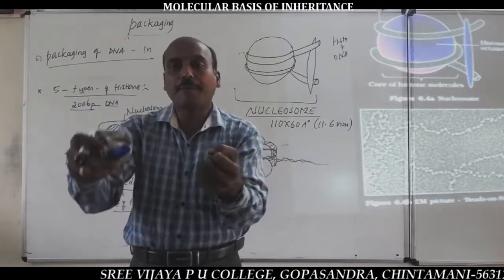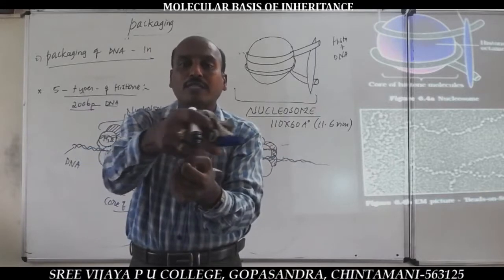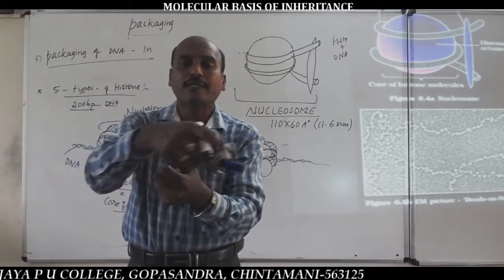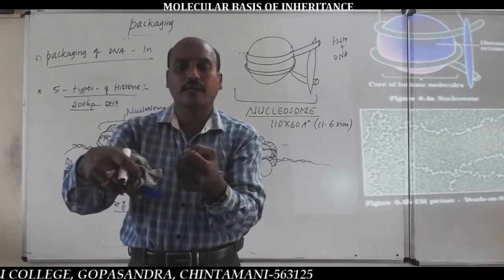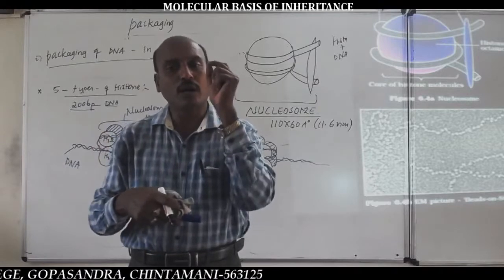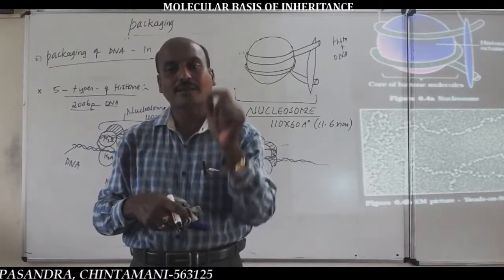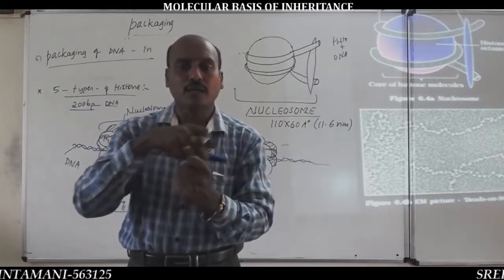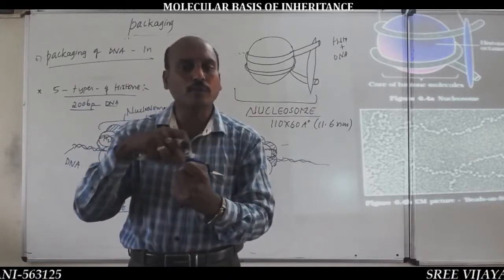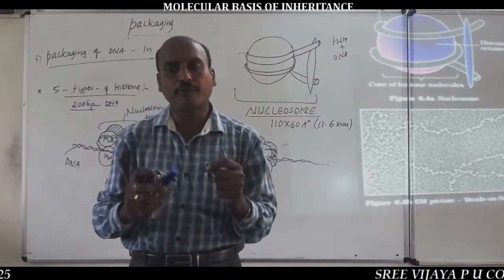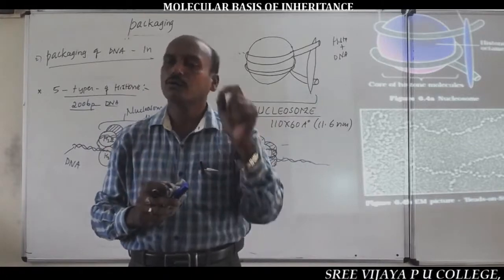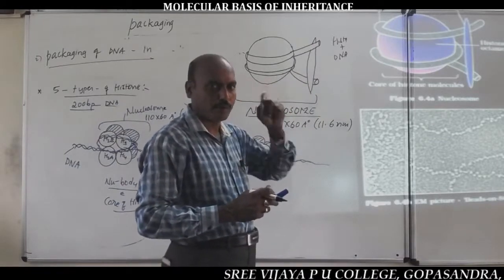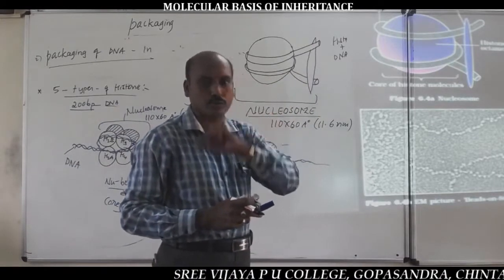So the positively charged octamer attracts the negatively charged DNA. Since 200 base pairs of DNA wrapped around the octamer about 1 3/4 turn to produce a structure called nucleosome. Very important for one more question.